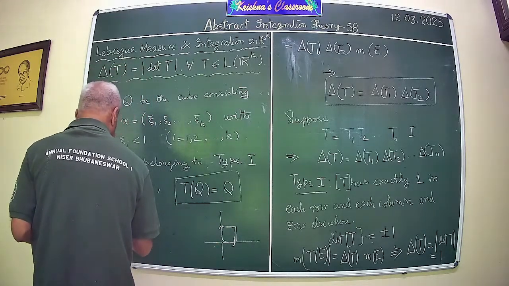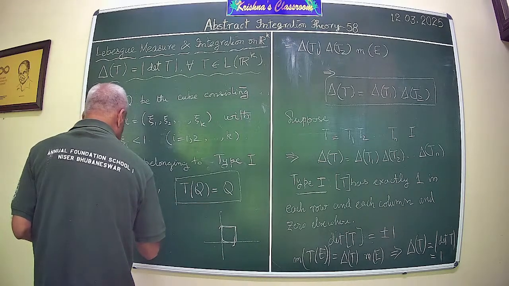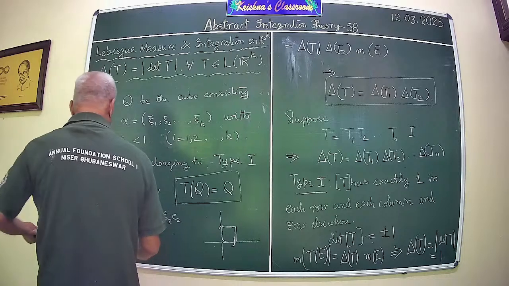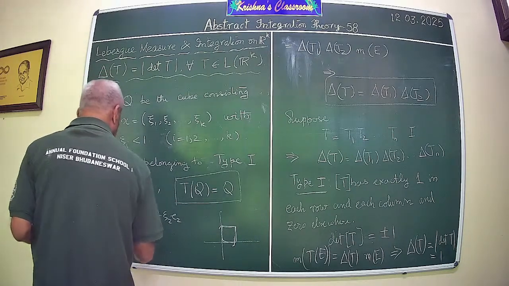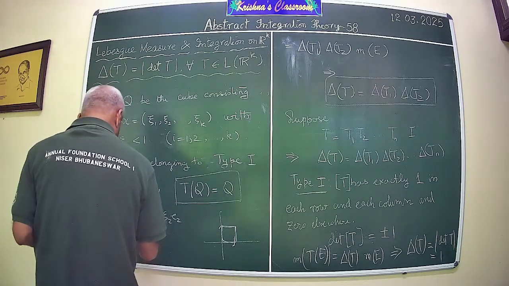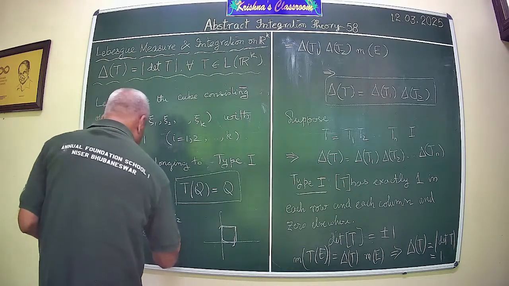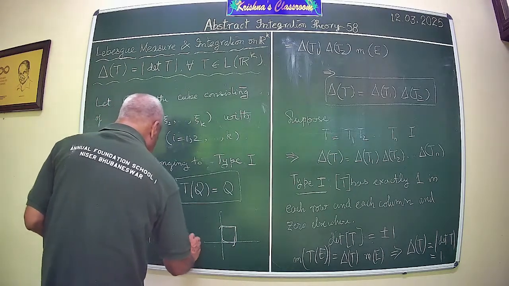Suppose X is equal to psi 1 E1 plus psi 2 E2, then Tx is equal to psi 1 Te1 plus psi 2 Te2.